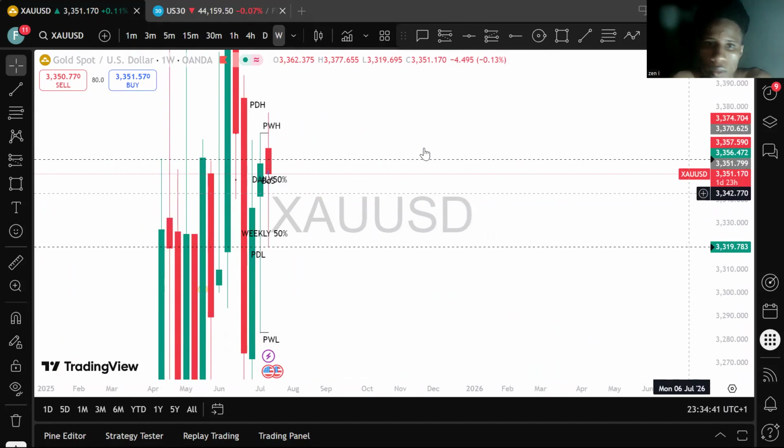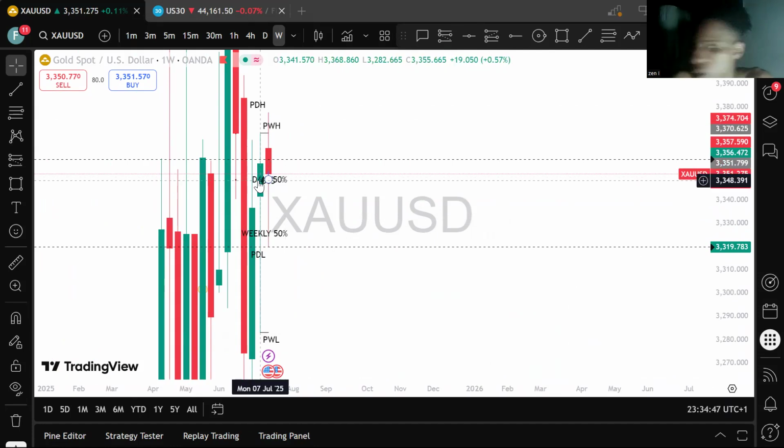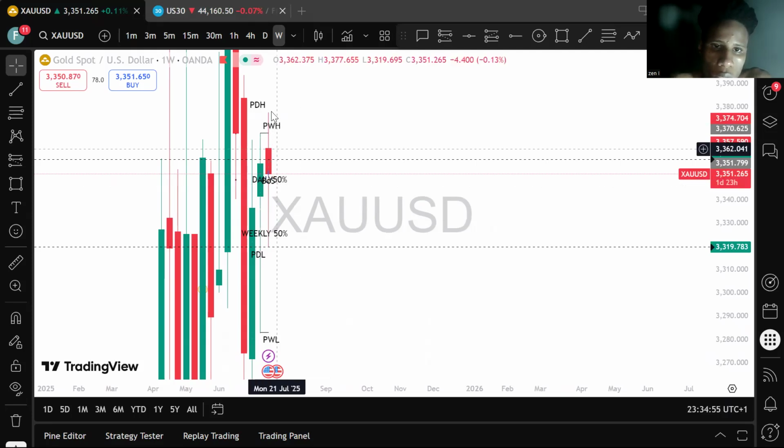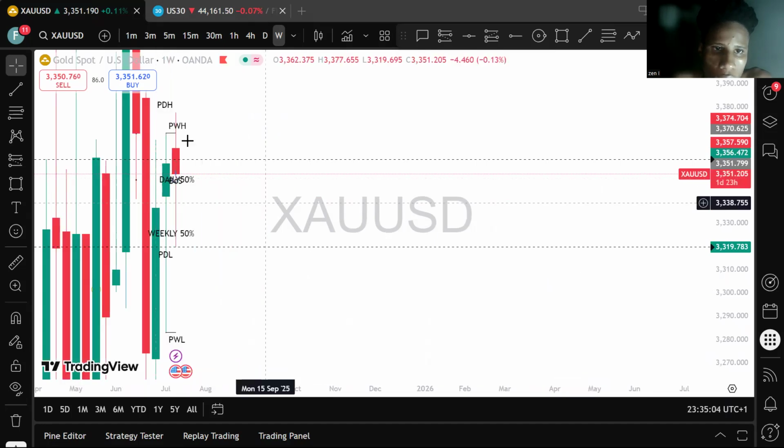So now let's deal with the range that is closer to us. Now we come down here to this range, right? This was last week's weekly candle and price swept it already. Now this is the previous weekly candle. This is its high and this is its low.